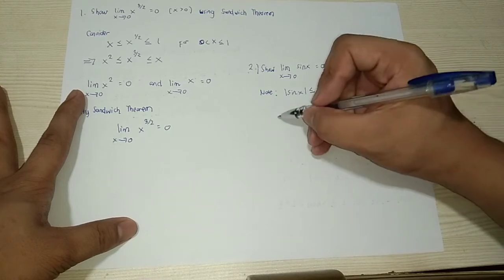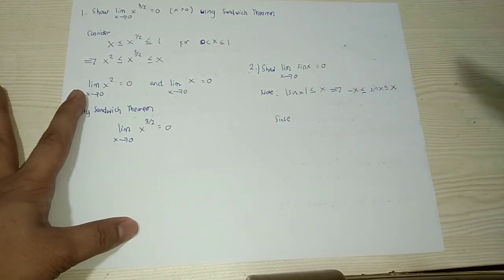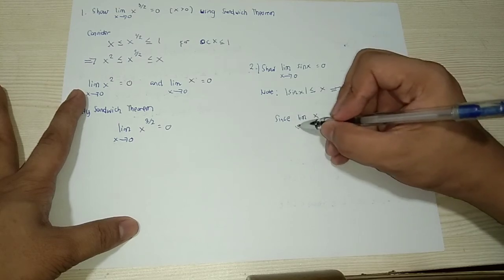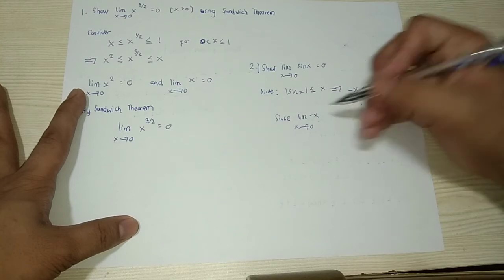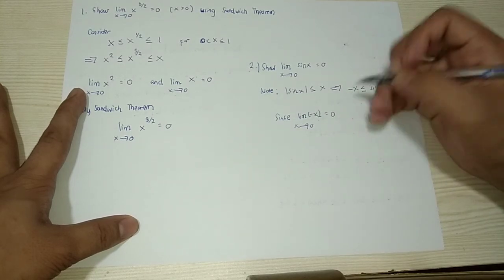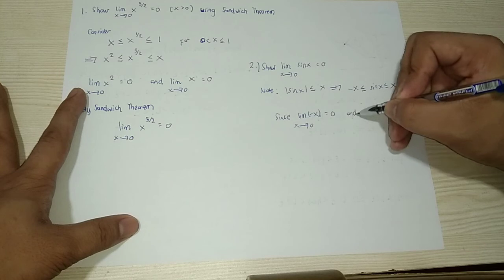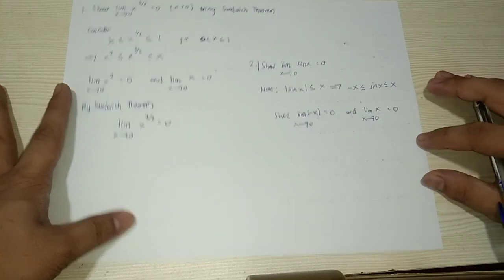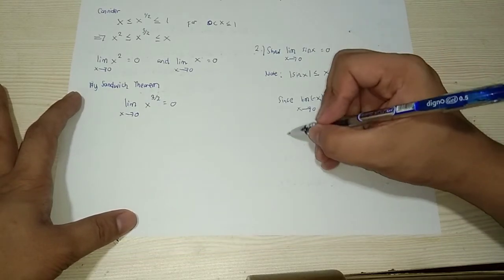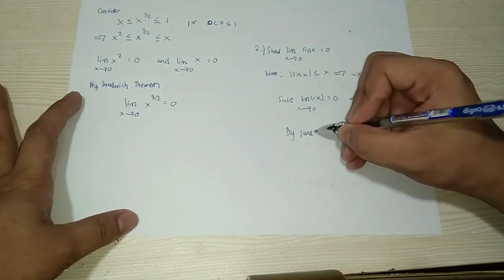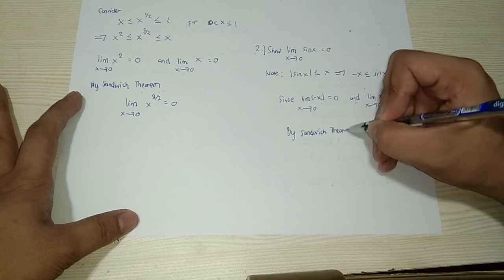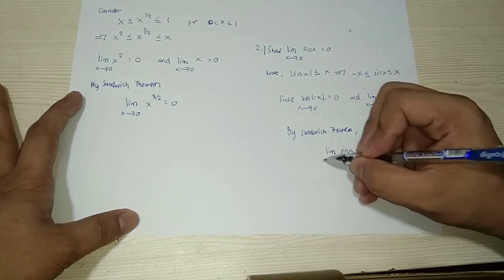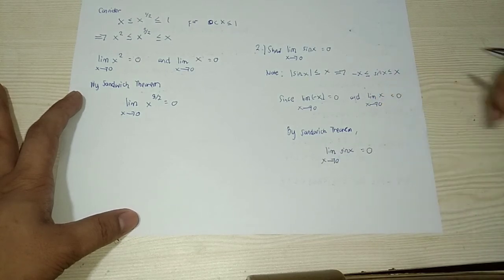Now, take note that since yung limit ng x as x approaches 0 or limit of negative x as x approaches 0 is 0, and also yung limit of x as x approaches 0 is also 0. So again, by sandwich theorem, yung limit ng sine x as x approaches 0 will be 0.